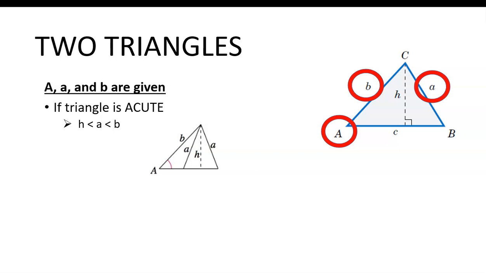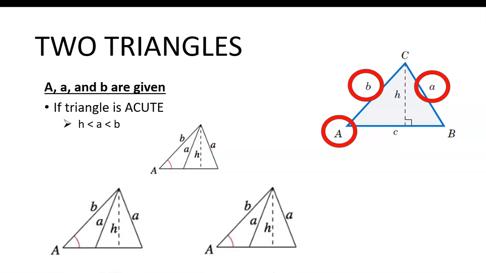If you look at this triangle here, you'll see that the A was out there to the right, but we can also swing that A inside to the left of the H, and you'll notice that the A hasn't changed. The length of that A is still the same, but we have turned that into an acute triangle and an obtuse triangle.